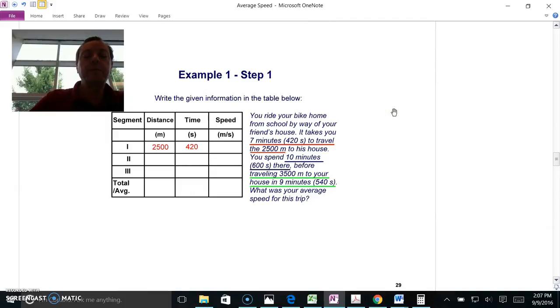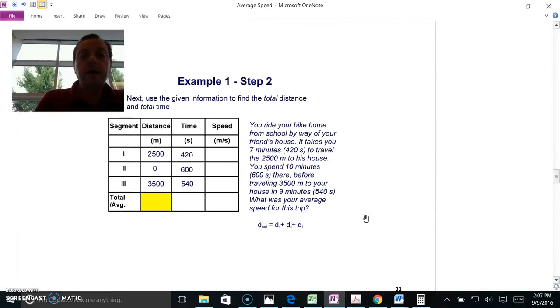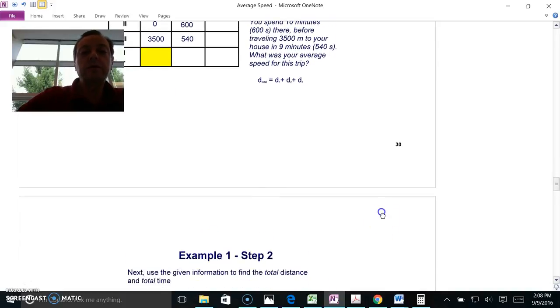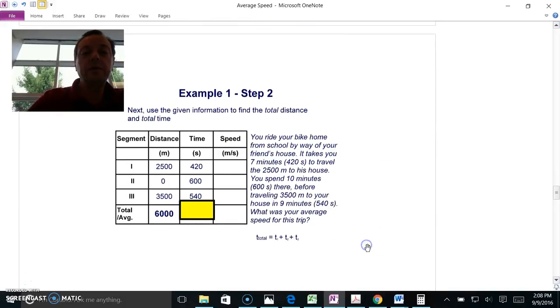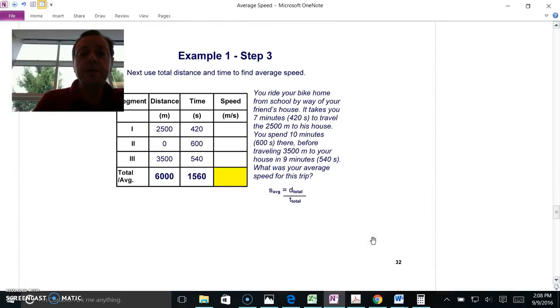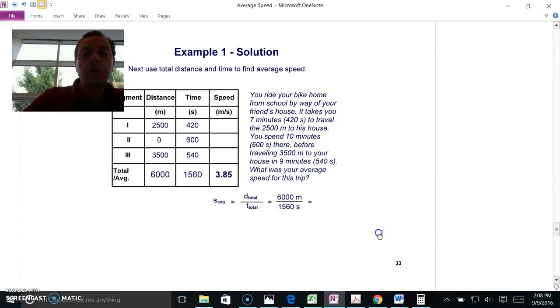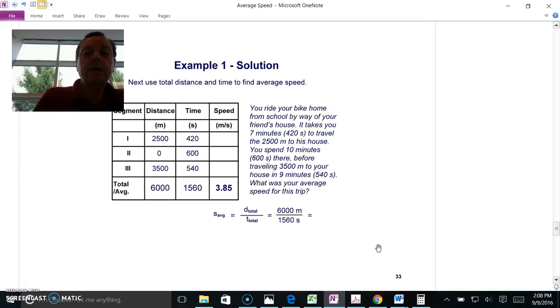Okay, let's move along a little bit here. Step one, they start filling in the table. Step two, they have all the distances and all the times filled in, and they get total distance by adding them all up. You get the 6,000, which is what we got. Next, they add up the times. 1560, again what we got. And once they divide, they get 3.85.